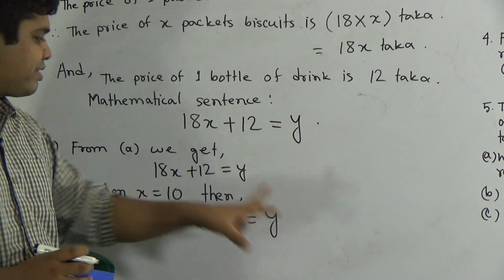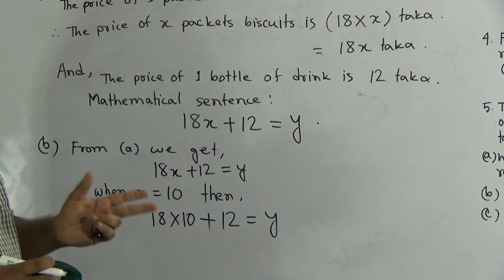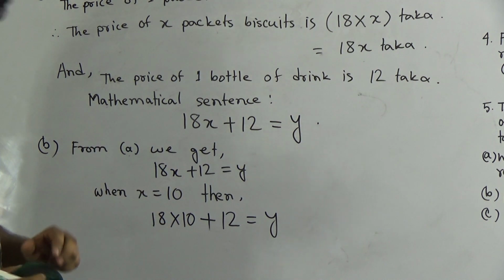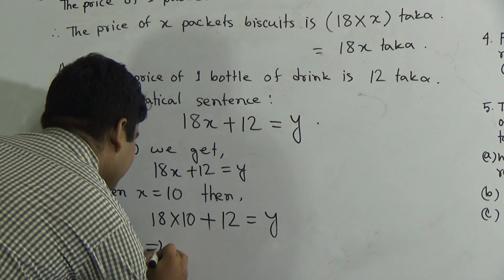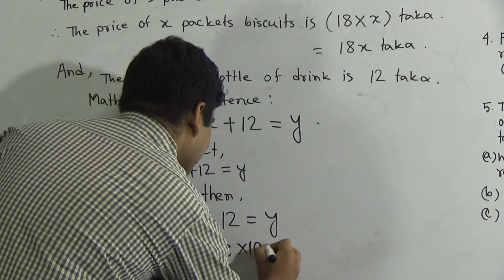For this reason we change the whole side. When we change the whole side, the sign will not be changed. Now write Y equals 18 multiplied by 10 plus 12.